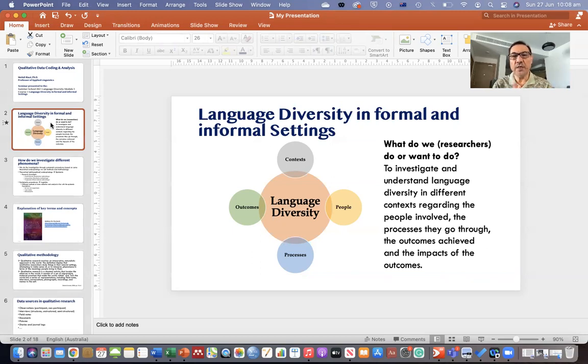So what do we researchers want to do when we want to investigate and study language diversity? Usually, we would like to study different contexts regarding people involved, as well as the processes that they go through, the outcomes that they achieve, and also the impacts of those outcomes on the decisions made and processes they follow.